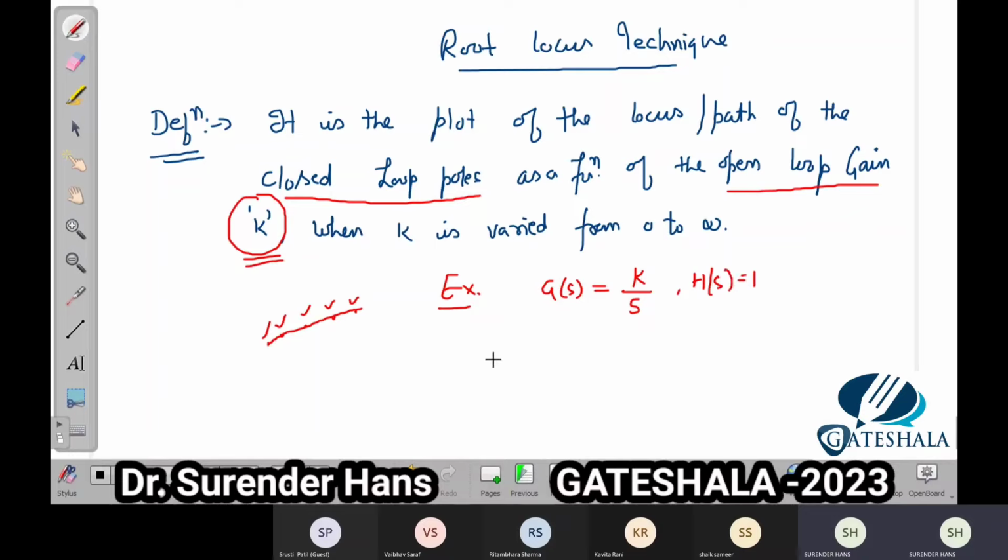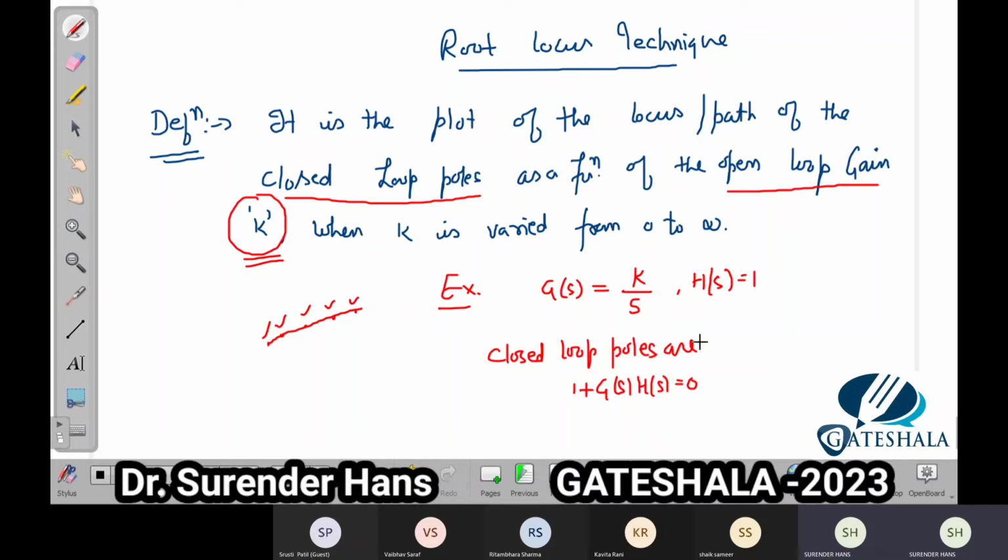Now the closed loop poles are given by 1 plus G(s)H(s) is equal to 0.